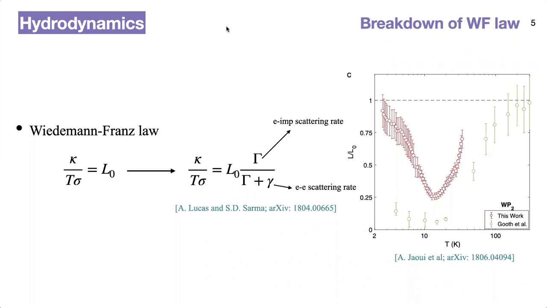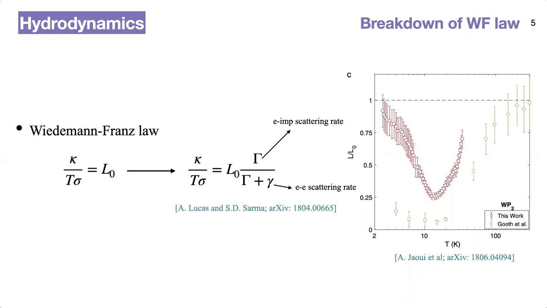Another experiment that is very interesting to us is the signature of the breakdown of the Wiedemann-Franz law. The Wiedemann-Franz law says that in a normal metal, one that is dominated by momentum-relaxing scattering, the thermal conductivity over temperature times electric conductivity is given by a constant, which is called the Lorenz number.